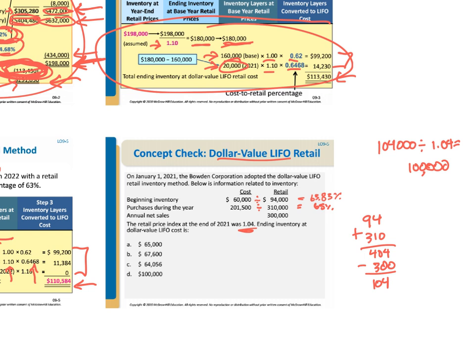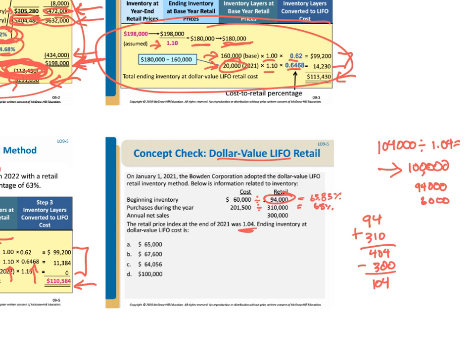So now that we have this 100,000, we're going to split this out among our beginning inventory at retail price as well as our purchases that we had throughout the year. So our beginning inventory was 94,000. Our purchases then throughout the year to get this additional layer would have to be 6,000, just the 100,000 minus the 94,000.